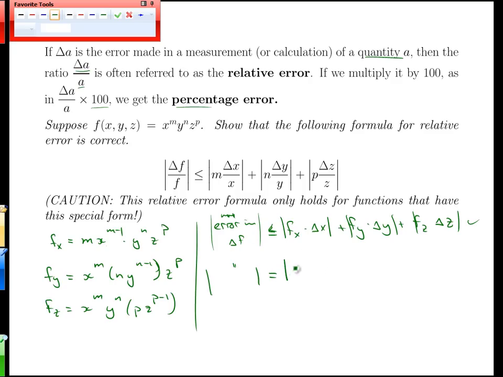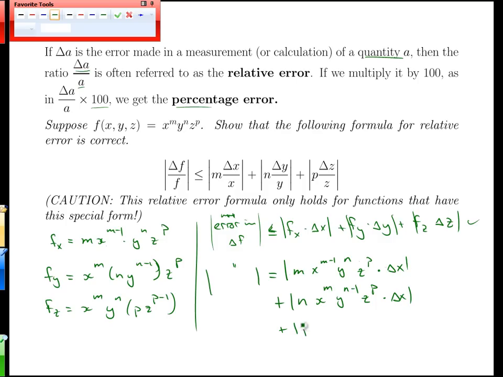So f sub x is m, x to the m minus 1, y to the n, z to the p, plus, this time I'm going to bring the n out front, n, x to the m, y to the n minus 1, and z to the p, times delta y.